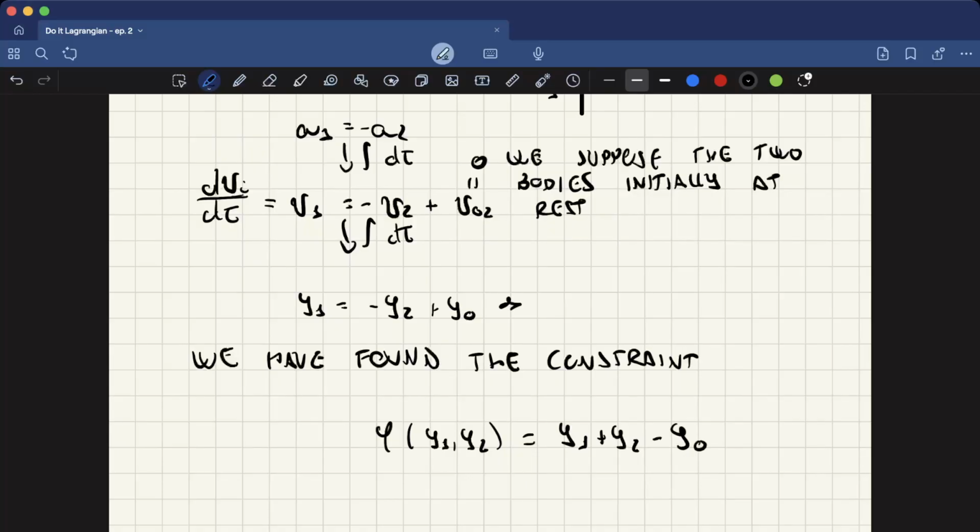Okay, we just take everything to the left, so we obtain a term which is 0 for every y1 and y2. Okay, so for every combination of the two. Okay, so we can write it like this.